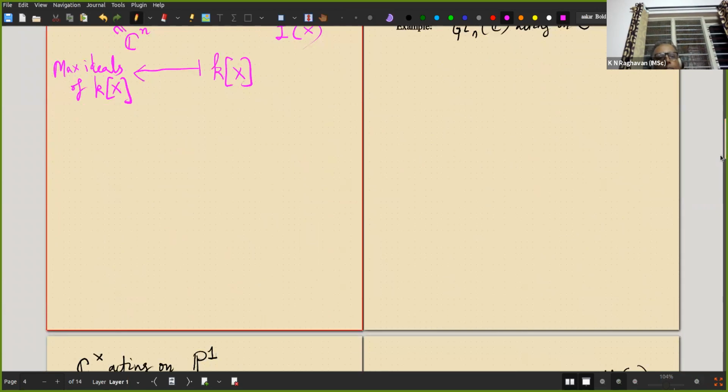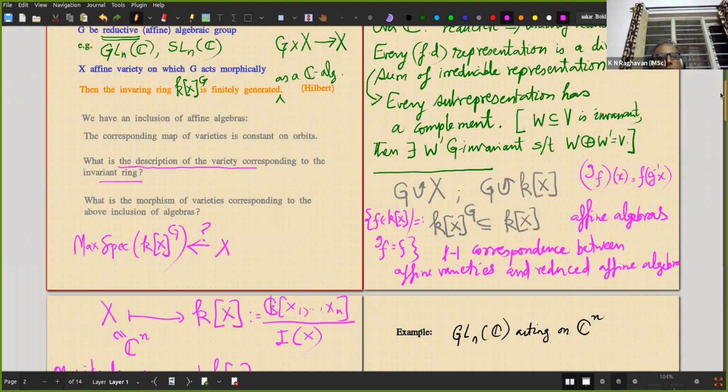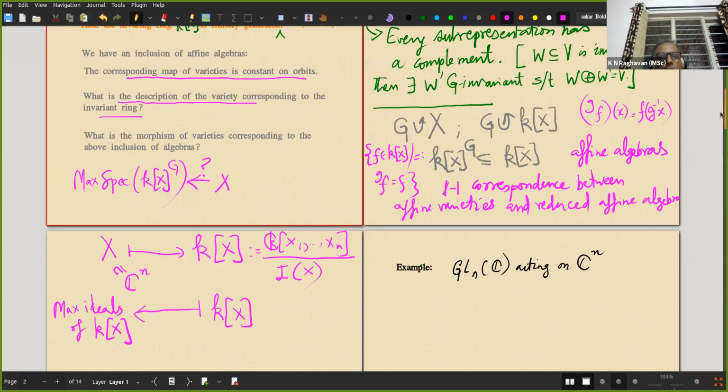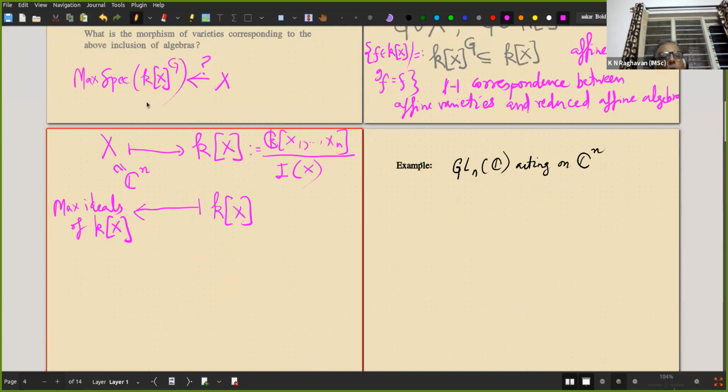Let me make an observation here. Whatever this map is, the corresponding map of varieties is constant on orbits. Why is that? I want to describe this as a variety, at least its max spectrum, and say what this map is.